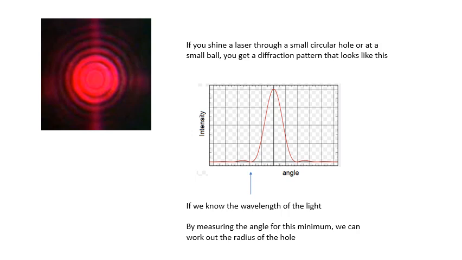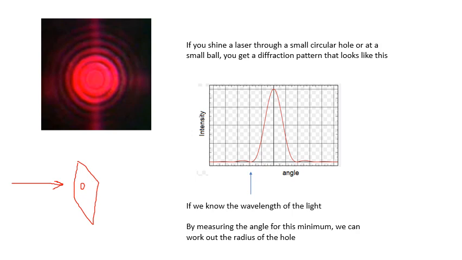But anyway, before we talk about electrons, if you shine a laser through a small circular hole, so imagine I had a piece of card and there was a little circular hole in the card, and I shine a laser through there, then what I get is a 2-dimensional single slit diffraction pattern.